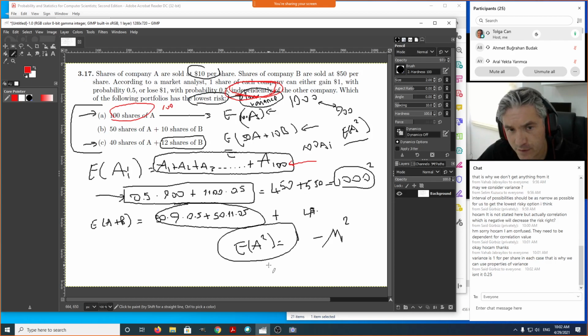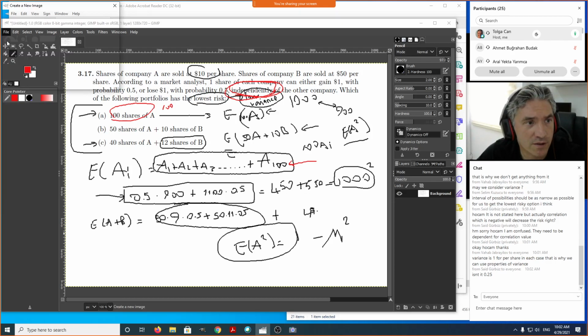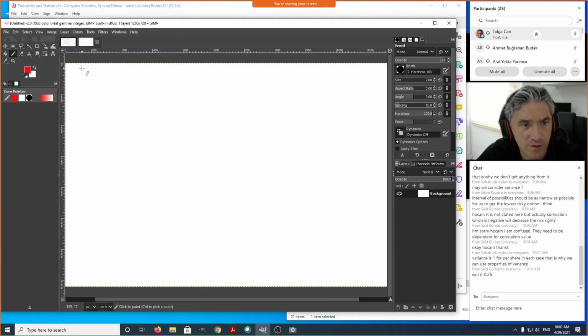Let's see. Here for one share, with 0.5 probability, it's going to be 9, so it's going to be 9 squared.